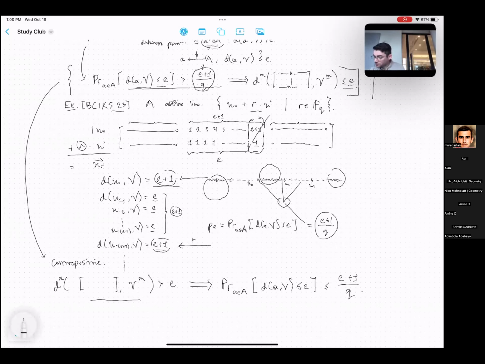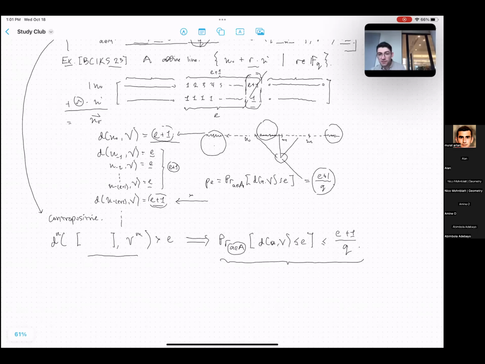Okay, so this is very good for the verifier. Why? Well, because assuming the prover is dishonest, then I know that this is true. What does that mean? Well, me, the verifier, I can just select a random A. And now two things can happen. Either I get extremely unlucky, right?